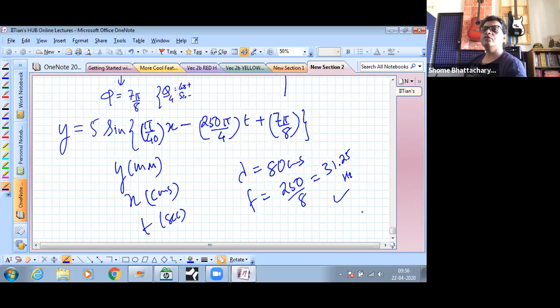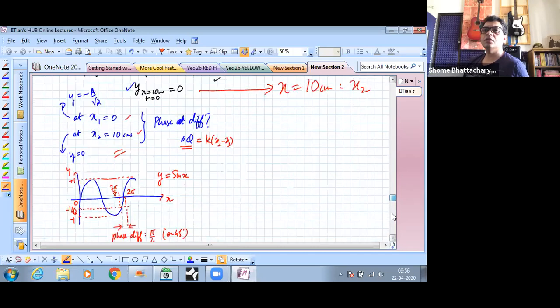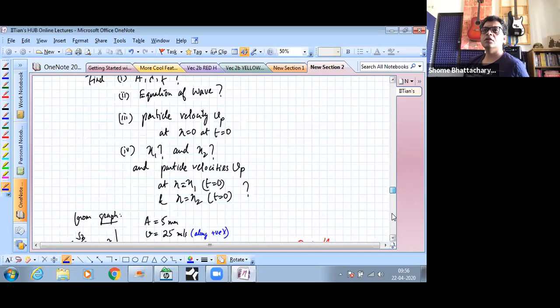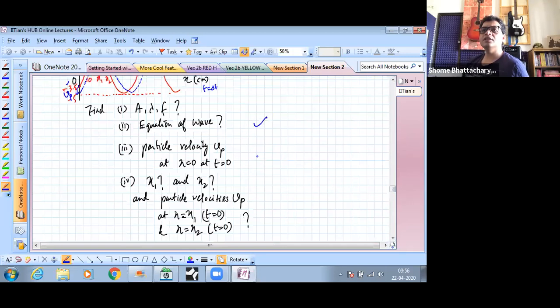Now we also wanted to find x1 and x2 in my graph, and that's pretty easy because you can just get that in terms of lambda. So the final part of the question I'll just take you to there. Okay. So I'm done with the equation of the wave and the particle velocity at x equal to 0, t equal to 0. I'm coming to x1 and x2, and we wanted to find the particle velocity at x1 and x2.